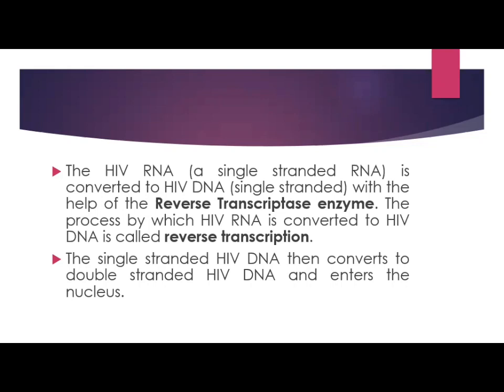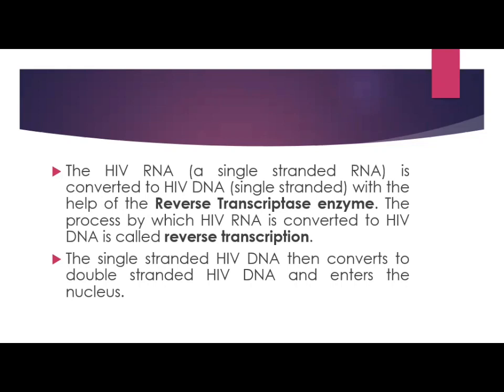So the single-stranded HIV DNA then converts into double-stranded HIV DNA and enters the nucleus. So while outside there, these single-stranded DNA will now change into double-stranded DNA and enter the nucleus.